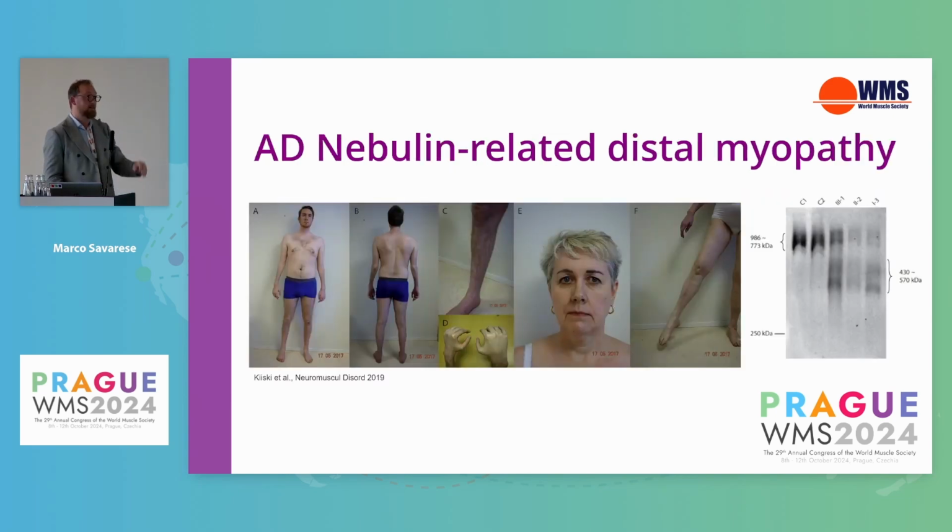But this is interesting because also in nebulin, which is a similarly complex gene, we have a very similar finding. Also in nebulin, like in titin, we have distal myopathies due to intragenic deletions.